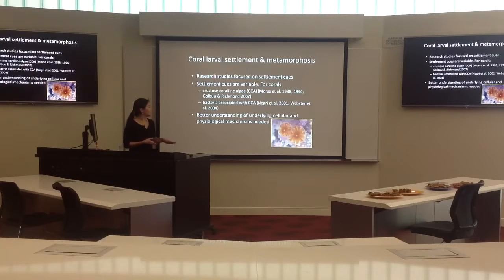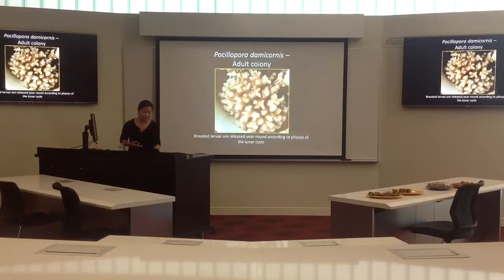And I'd just like to add, though, that even though there's a whole growth in this field looking at settlement cues, what's really necessary is a better understanding of the underlying cellular, molecular, and physiological mechanisms that are utilized by the larvae to detect the cues. And that's what I would like to constantly try to tie together in this talk here.